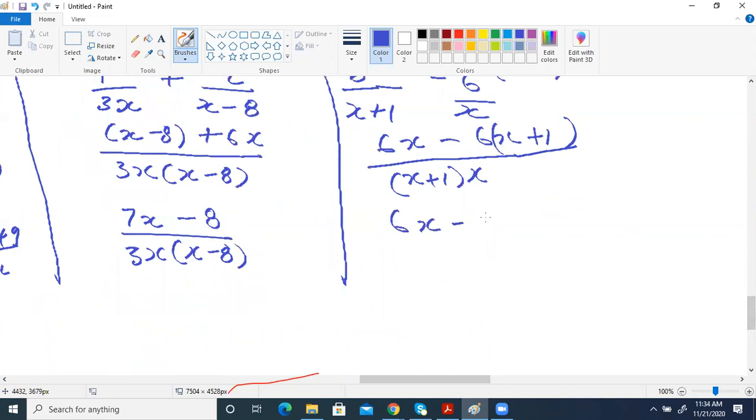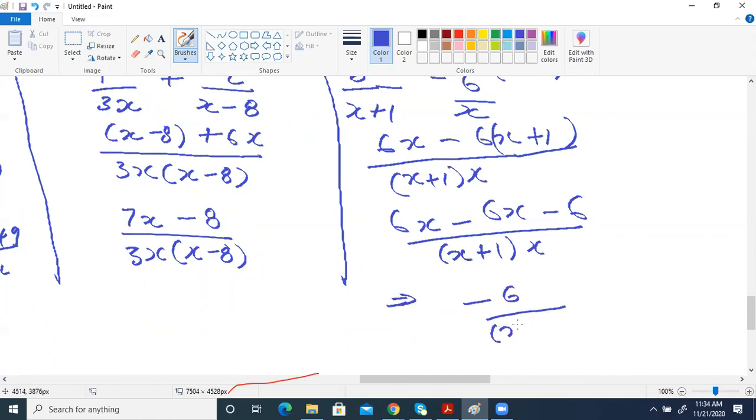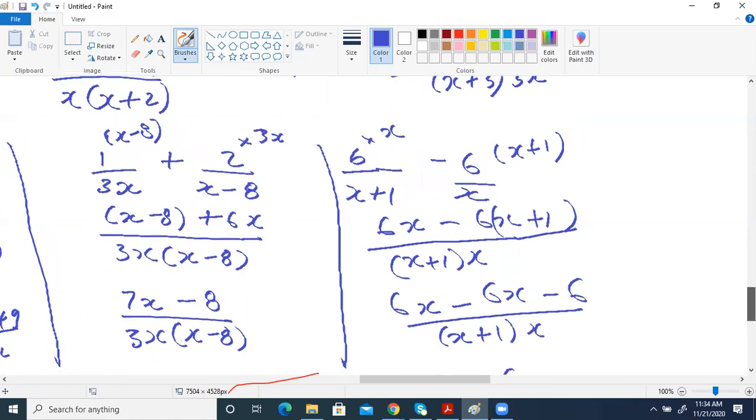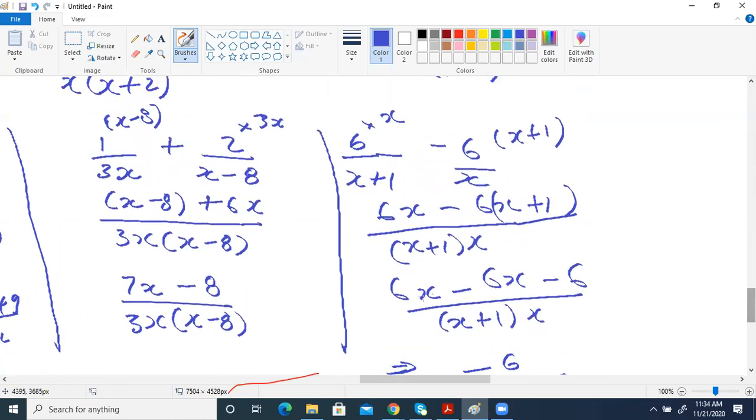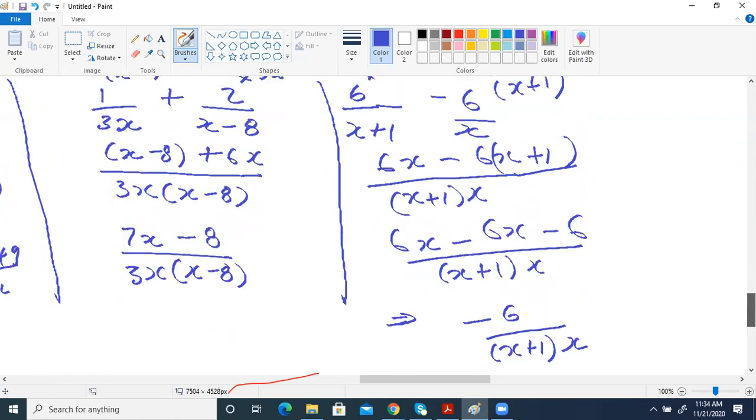So this is 6x minus 6x minus 6, so you end up with minus 6 over x plus 1, close bracket. You guys see that, right? Because the 6x cancels: 6x minus 6x is just 0, and you're left with minus 6.